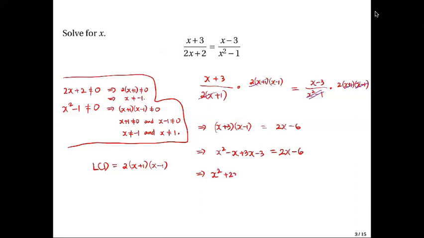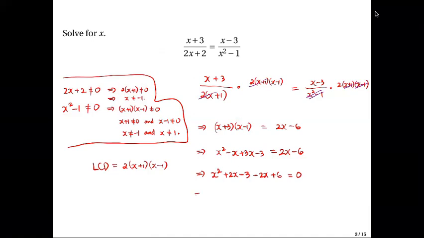That's just 2x. Then you have the minus 3. And then for these two guys, we bring it to the left-hand side. We'll have minus 2x. And then you have here plus 6. And then, of course, this is equal to 0.